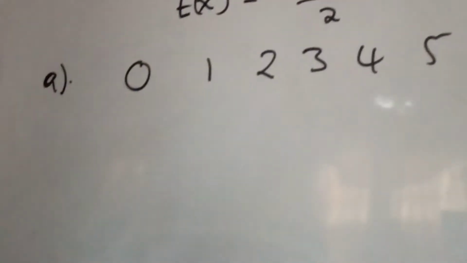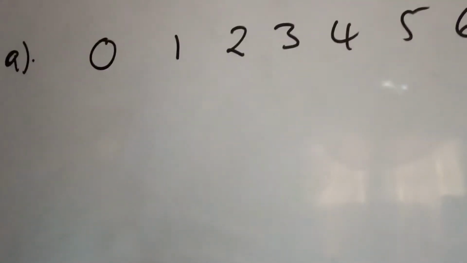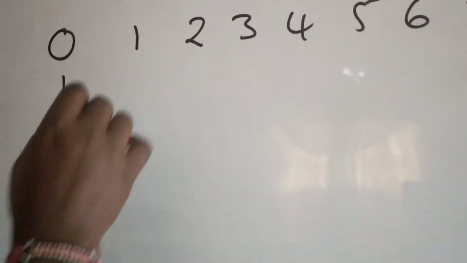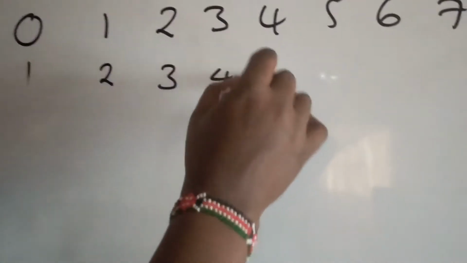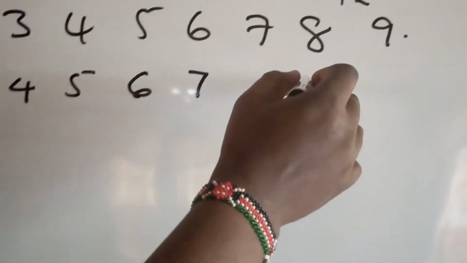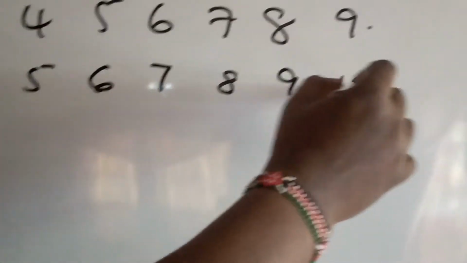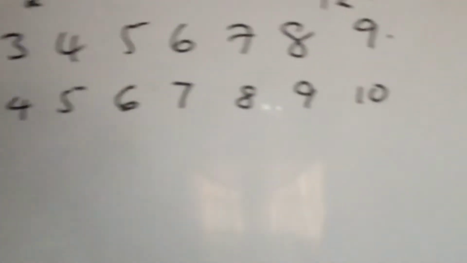But if we try to position them, we will call them digit number 1, digit number 2, number 3, number 4, number 5, number 6, number 7, digit number 8, digit number 9, and digit number 10. So there are 10 in number.